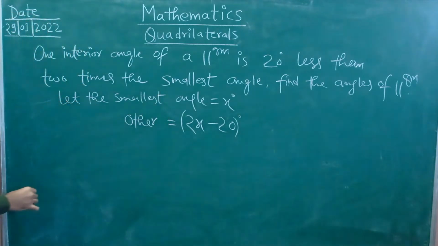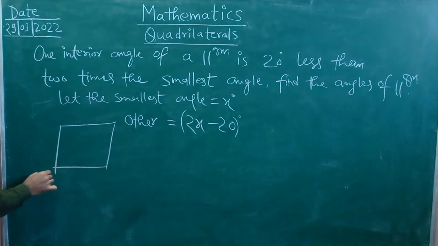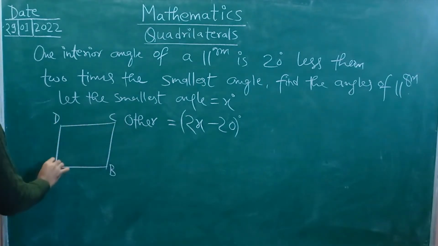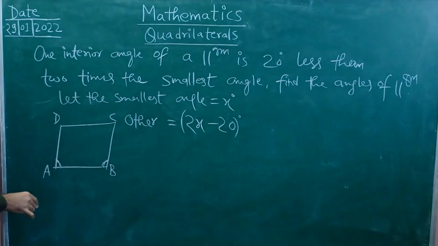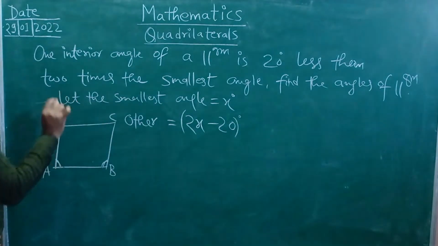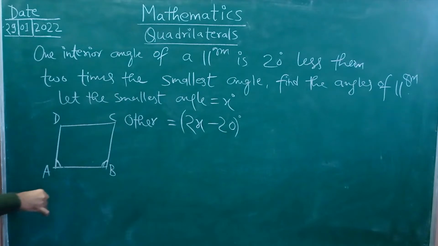So these two are the angles of a parallelogram, and in any parallelogram ABCD, the sum of consecutive angles is 180 degrees. A plus B is equal to 180. B plus C is also 180. C plus D is 180. D plus A is also 180.